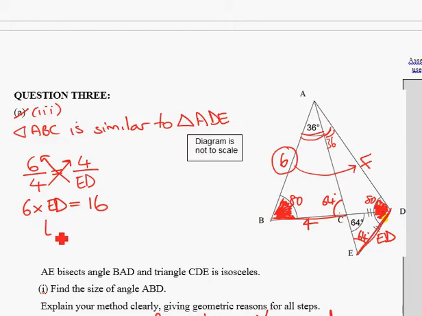Dividing by 6, ED must equal 16 divided by 6, which is 2 2/3. Alright, it's quite hard to pick the similar triangles within those two. There are other ways to do it as well. So that was actually part 3.